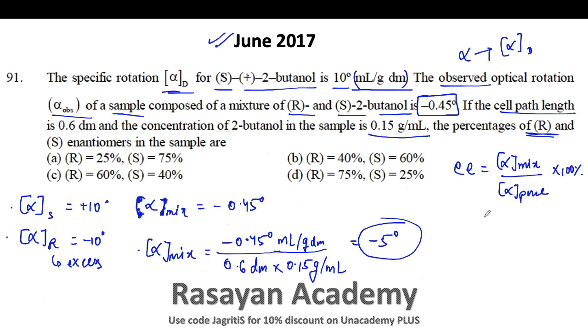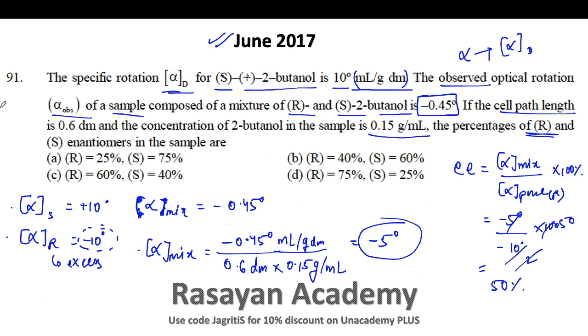So now when the alpha mix is minus 5 degrees, you have to take the negative enantiomer only, because you need to cancel out the signs. You take the pure isomer, which is the R, minus 10 degree into 100%. So how much is this going to be? 50%. Alright, so the enantiomeric excess is 50%.